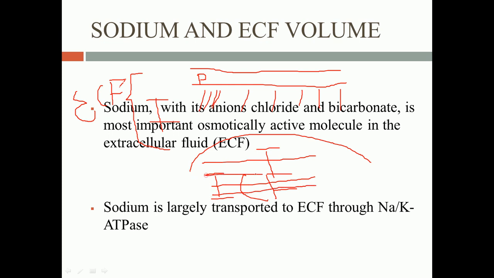In a normal 70 kg healthy man, the ICF is 28 liters, while the interstitial fluid is 11 liters, and plasma is around 3 liters.